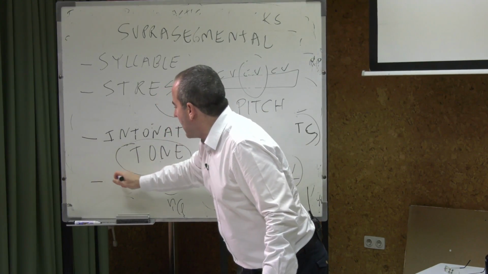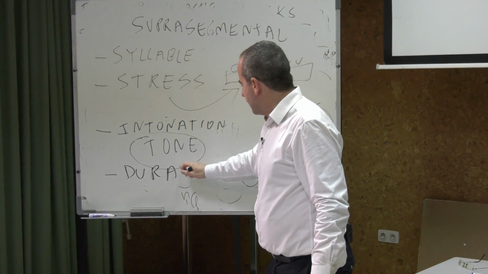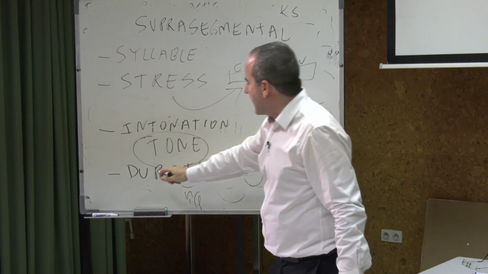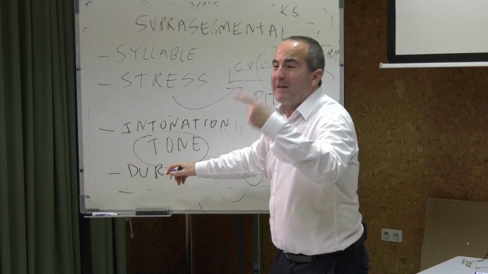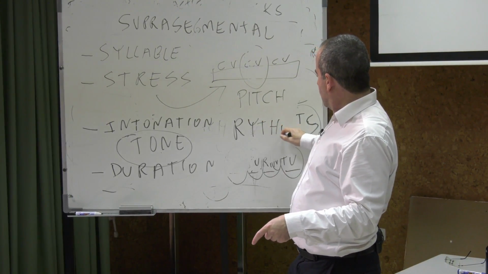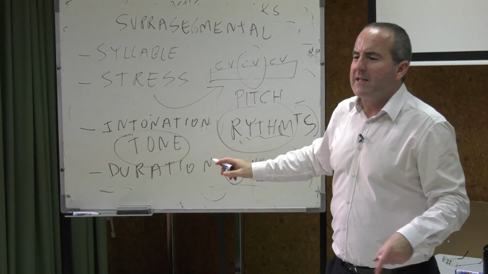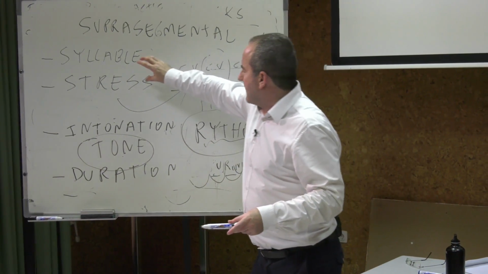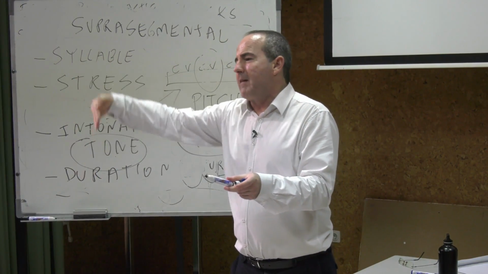We also have, please, duration as a suprasegmental characteristic. Also, we have speed, and finally, we have rhythm. And rhythm is probably one of the most important ones because it's a combination of the stress, the intonation, and all the patterns that are repeated.